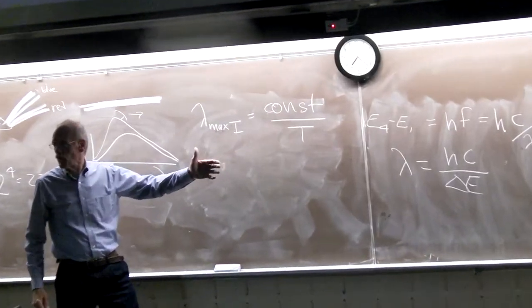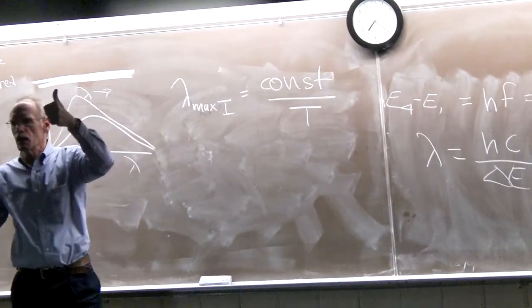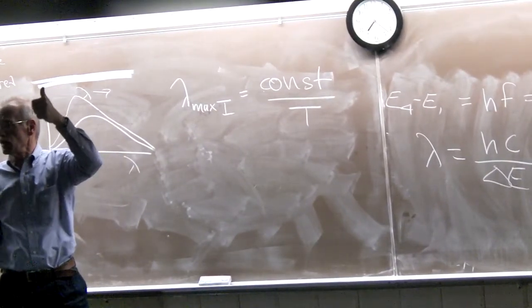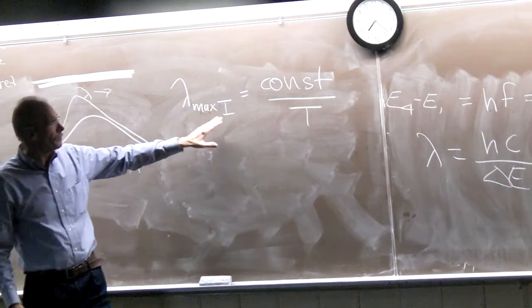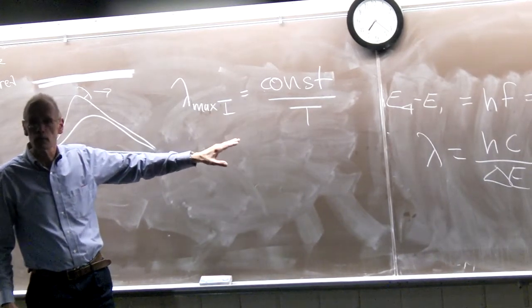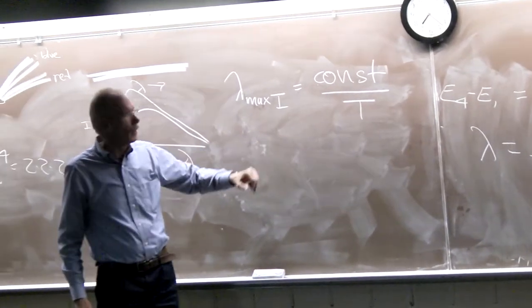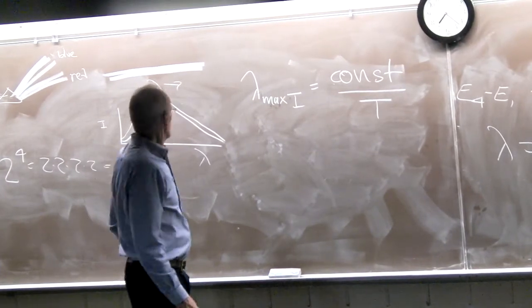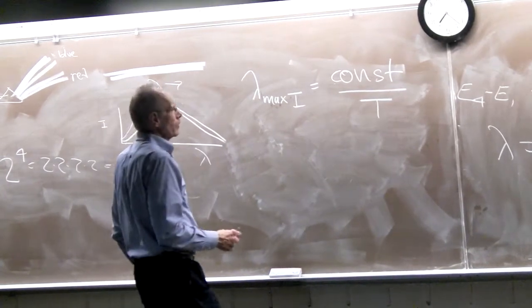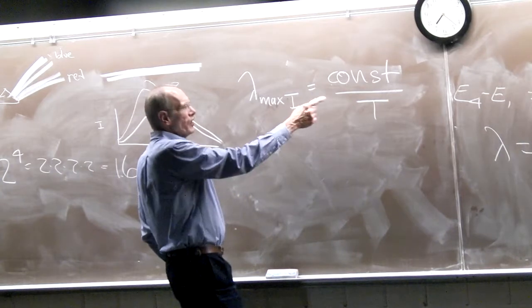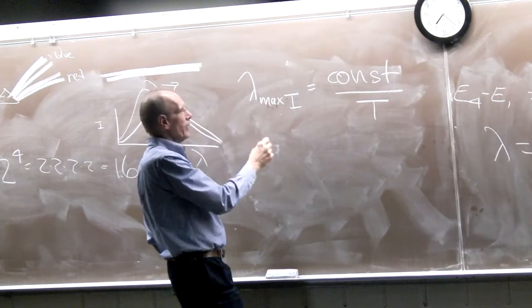Inverse relationship, right? Temperature goes up, peak gets smaller. So it's an inverse relationship. So in this case, here's the intensity for the sun, which we said is yellow light.